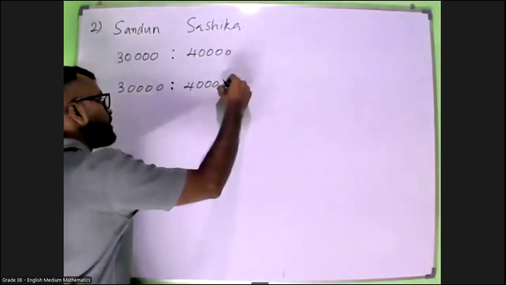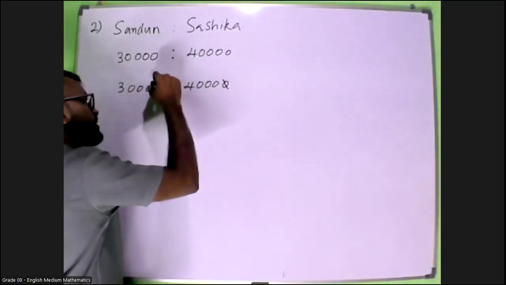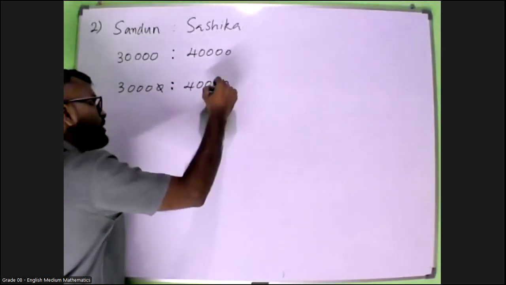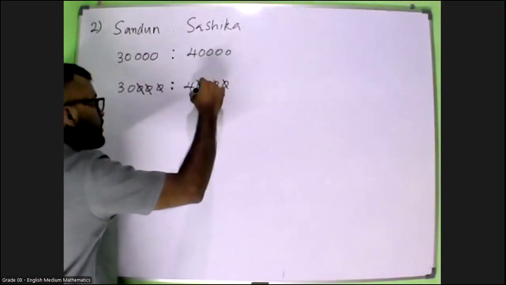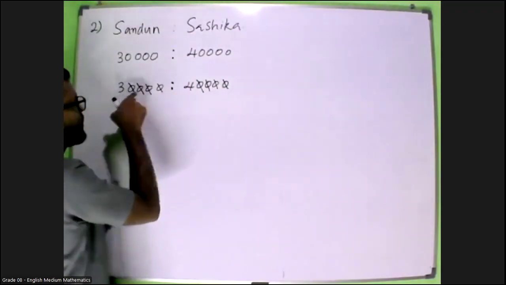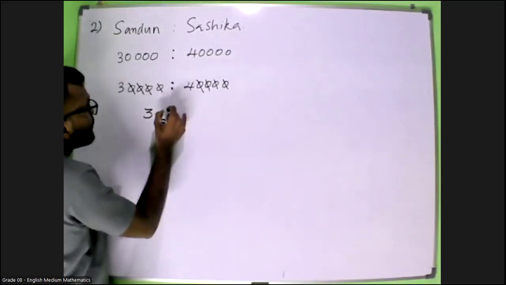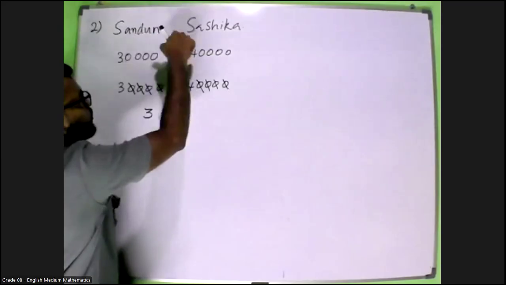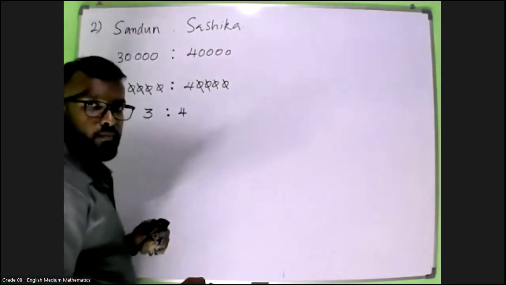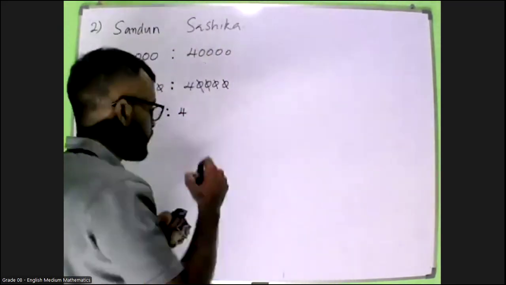You can simplify, cancel out the zeros, 0 to 0, 0 to 0, 0 to 0, 0 to 0. 3 to 4. So the ratio of Sadun to Sashika is 3 to 4. Right? Sadun to Sashika 3 to 4.